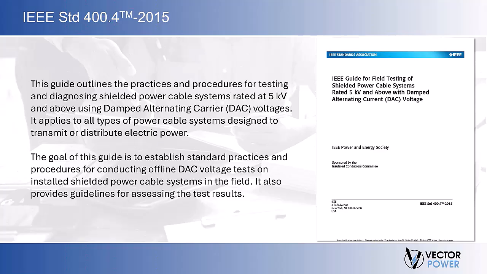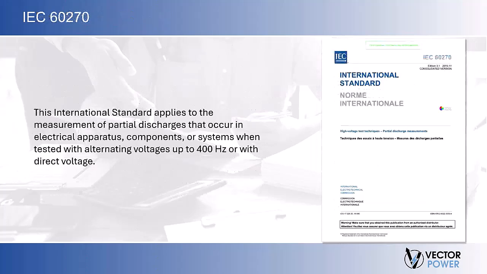The goal of the guide is to establish standard practices and procedures for conducting offline DAC voltage tests on installed shielded power cable systems in a field environment. It also provides guidelines for assessing the test results.